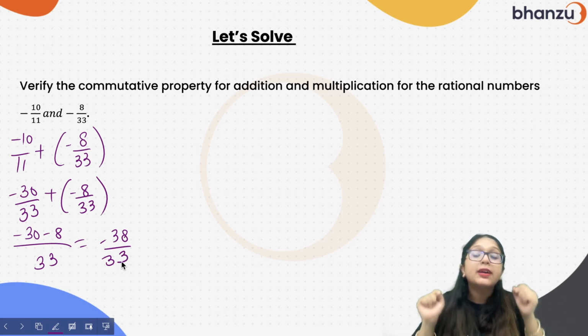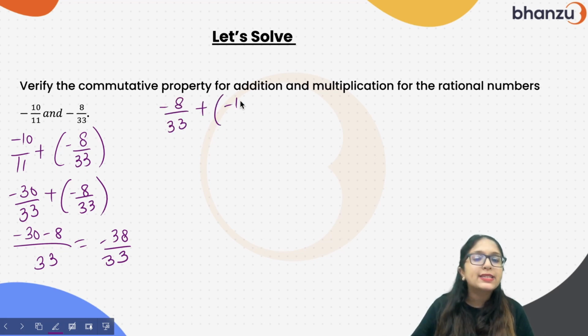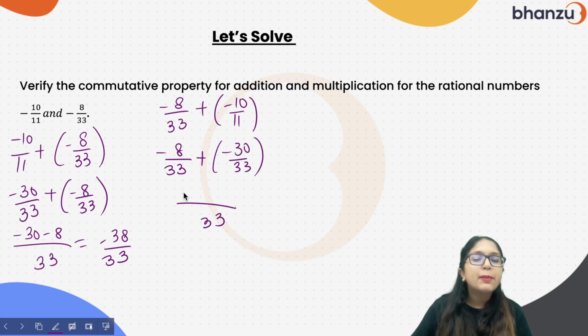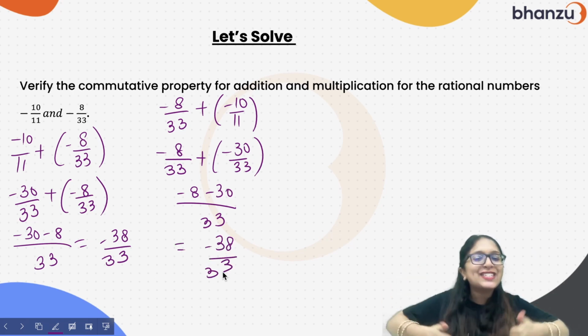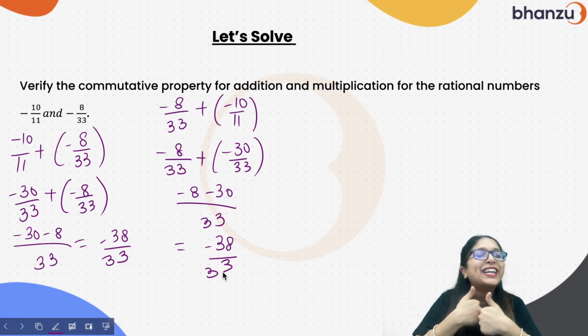What if I change the order? Will the answer be same? Can we quickly check it? Now let's say it is minus 8 over 33 plus minus 10 over 11. So minus 8 over 33 as it is. Now this is going to be minus 30 over 33, then 33 at the bottom, minus 8 minus 30, which is again going to be minus 38 over 33. Yes, champion, we saw that this is actually commutative.